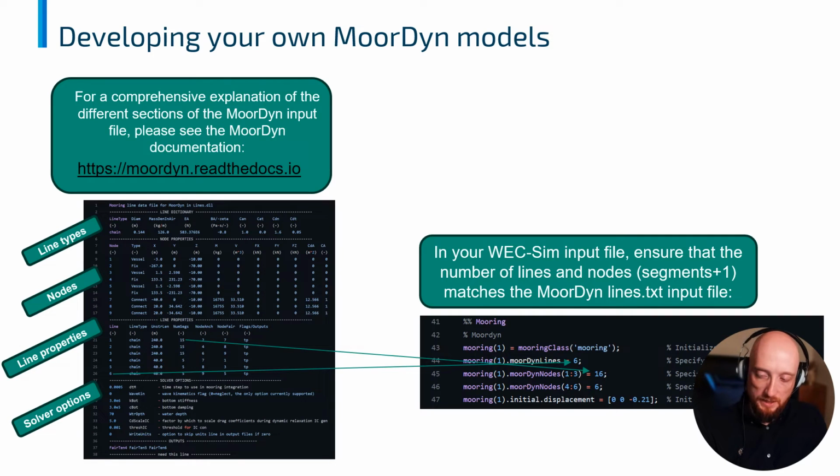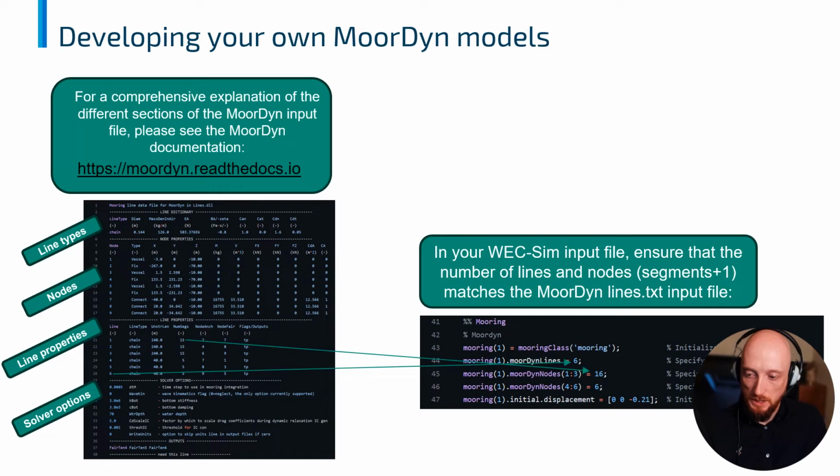There's the line dictionary section where you can define the line types and all the necessary properties that you need, whether it's chain or rope or nylon or whatever. And then the next section is the node properties.